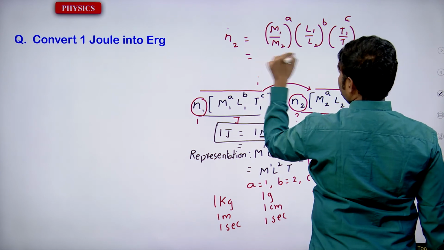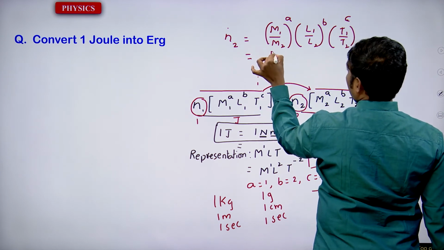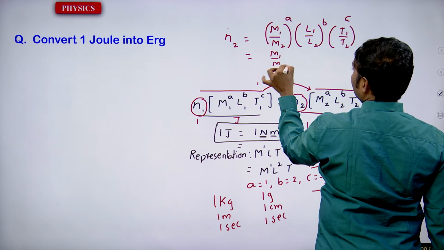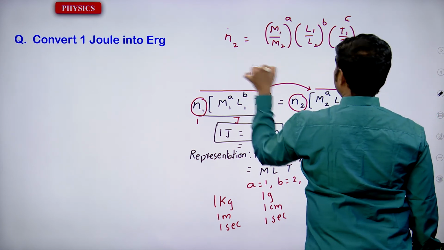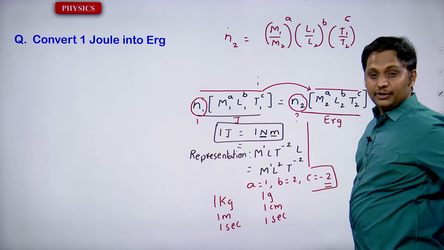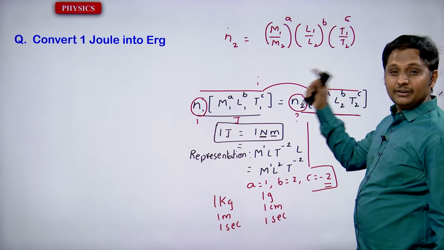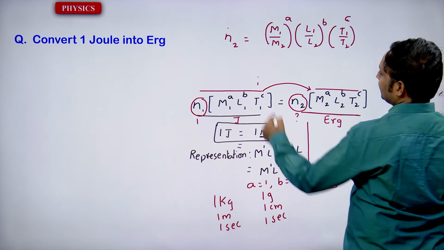So, you are getting that M1 by M2, just you have to take the values, that is better for you. You are going to get that substitution and you will solve the problem, right.